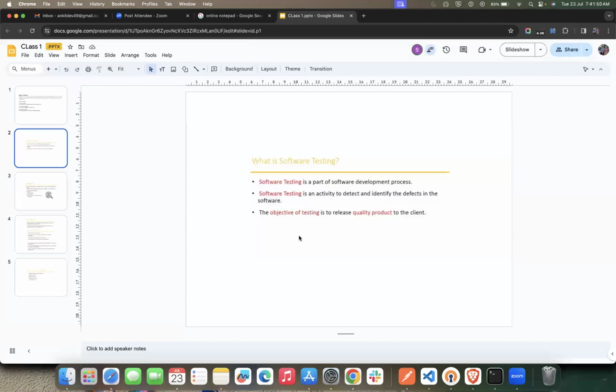Now, the main objective of testing is to maintain a certain standard of product, that our software should be in a working state and the majority of the functions should always be doing what is their intended purpose.